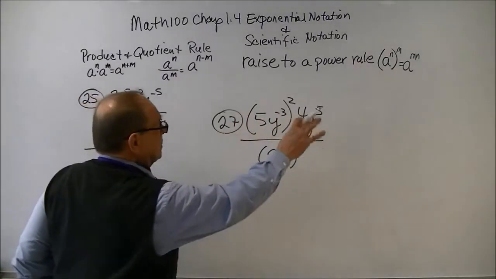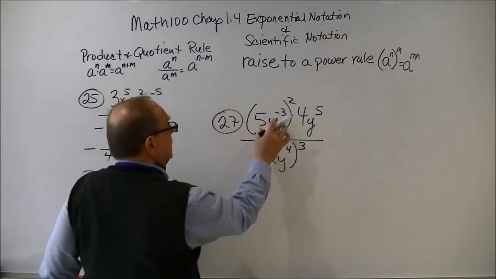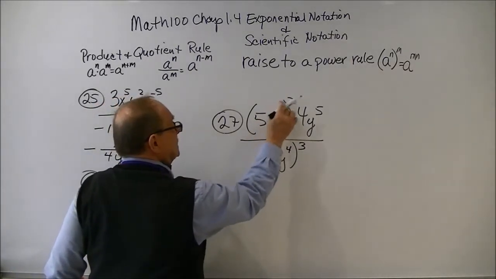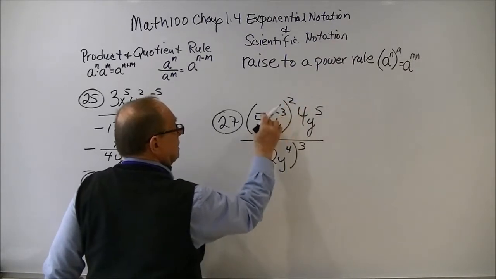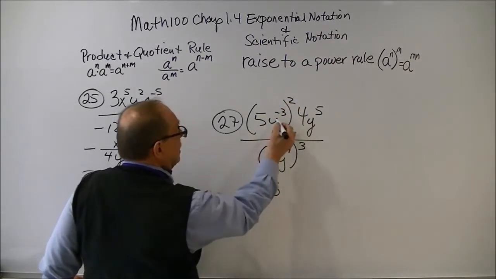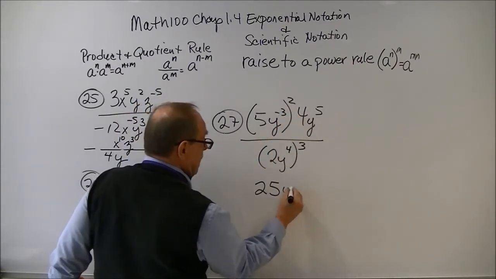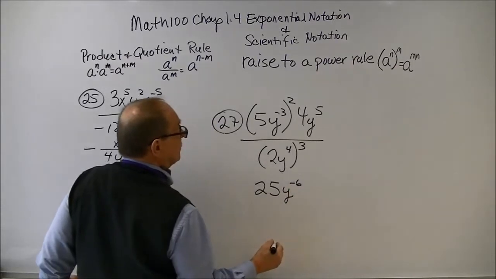All right, this one, a little more complicated, but let's just do it. This is going to be 5 to the 2nd power. That's going to be 25. y to the negative 3 times 2, y to the negative 6.